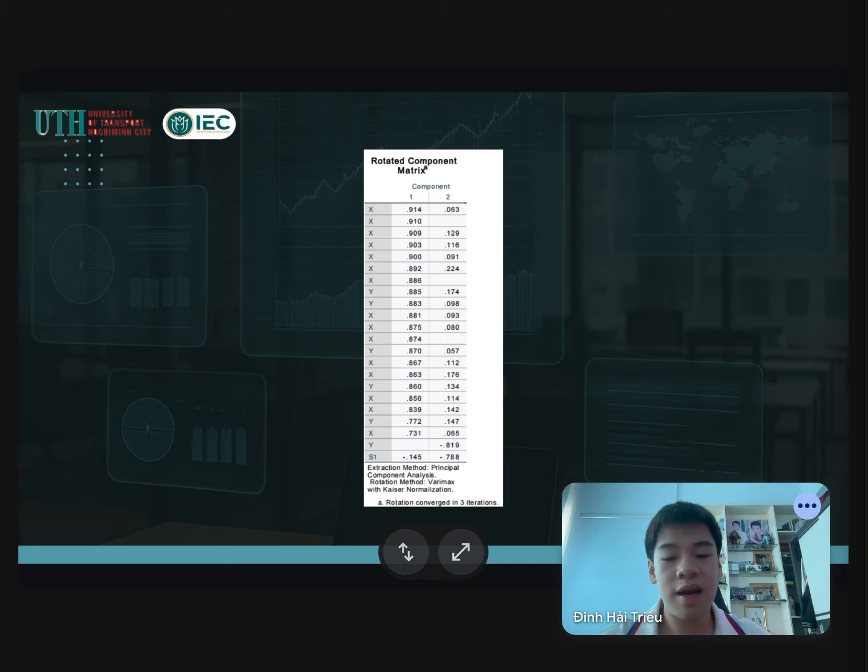This means each item clearly belongs to one factor rather than overlapping with multiple factors. Therefore, we can conclude that the constructs demonstrate good convergent validity and discriminant validity. Overall, the EFA results confirm that the measurement model is statistically valid and suitable for regression analysis.